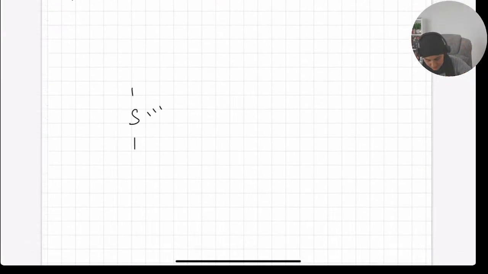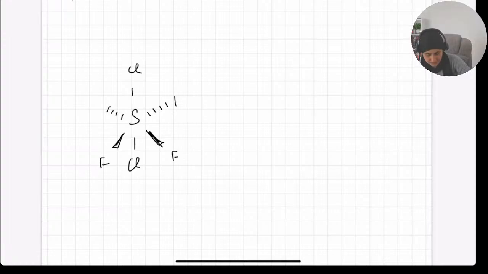If it's SCl2F2 with the chlorines opposite to each other, the dipoles, one goes there, one goes there, so the dipoles cancel out. This molecule is non-polar. But if you switch them around, so for example you put F here and Cl there, this becomes polar. For HL, I've seen this question.